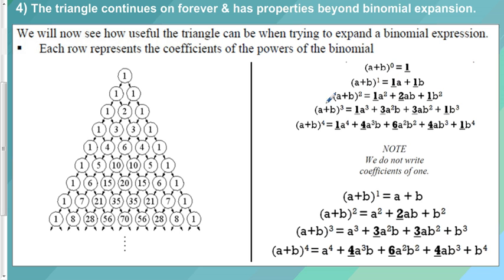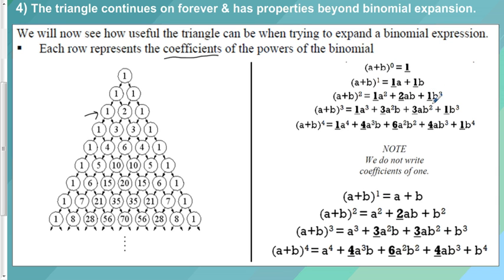And we can see the numbers in the row represent the coefficients of the binomial expansion. So if I have (a + b) squared, I go here and have the numbers 1, 2, 1. Those become the coefficients of my binomial expansion: 1, 2, 1.